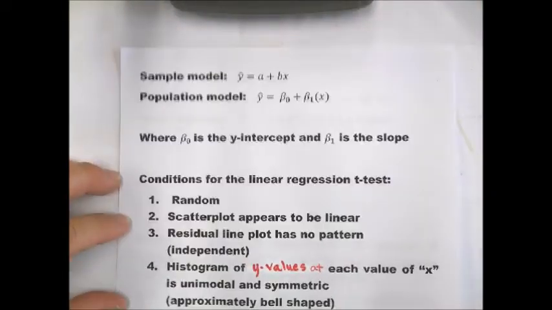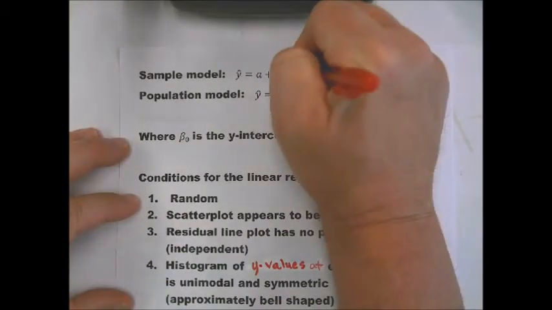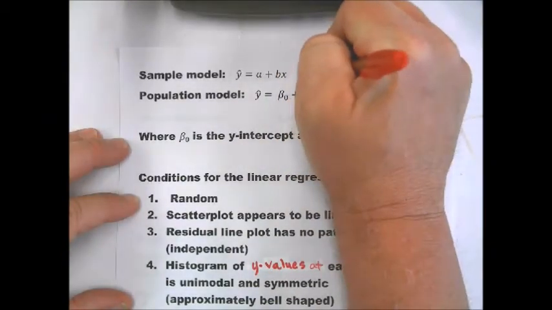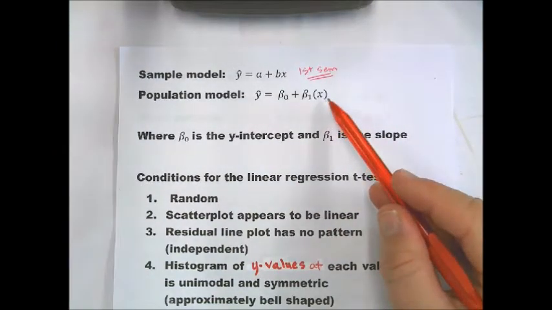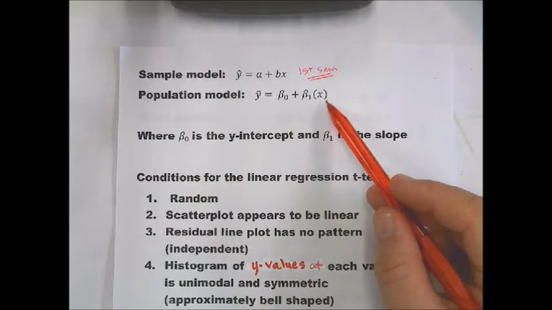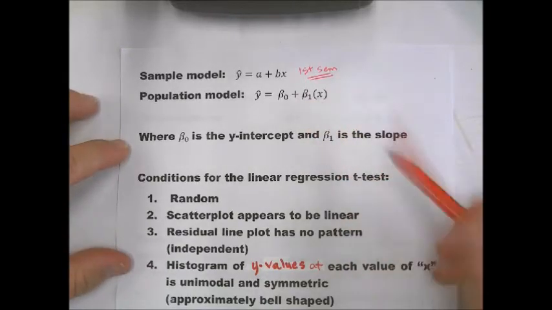So, we know the notation for the sampling model. This was first semester. Now we get into the notation for the second semester. Y hat equals beta sub 0 plus beta sub 1 x. And you can tell by the positioning what everything is.